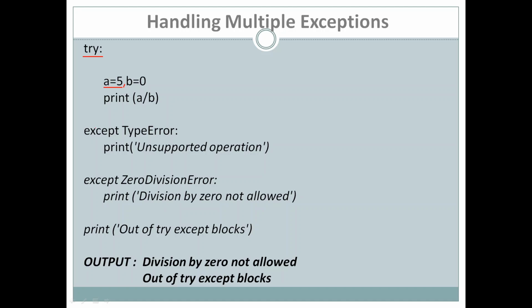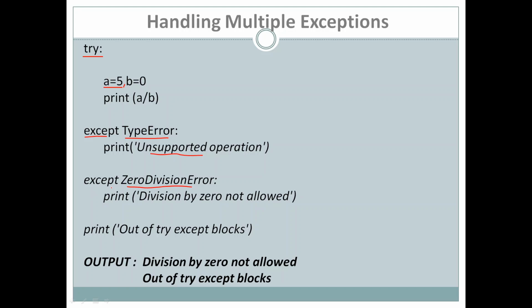And these statements have been included in a try and except block. Except type error, then we have a print statement, handling an error, unsupported operation, and then we have one more except statement. Now you can see we have two except statements for a single try block. The first except statement handles only type error, and the second handles zero division error.